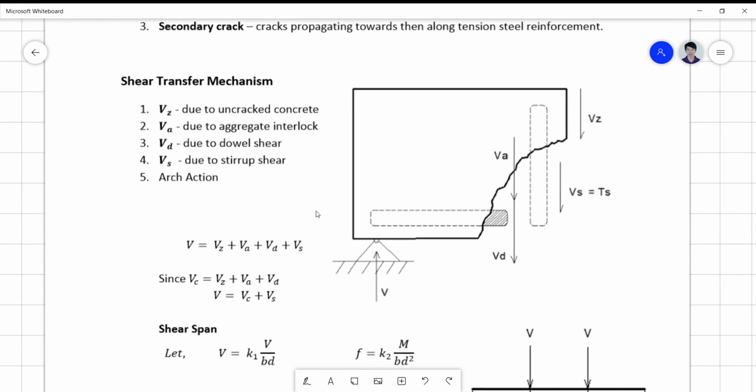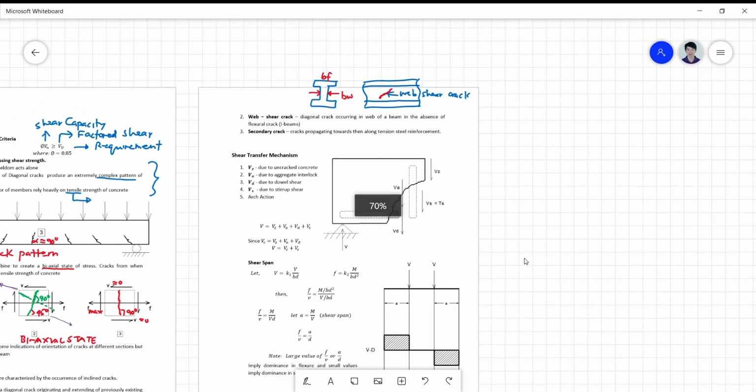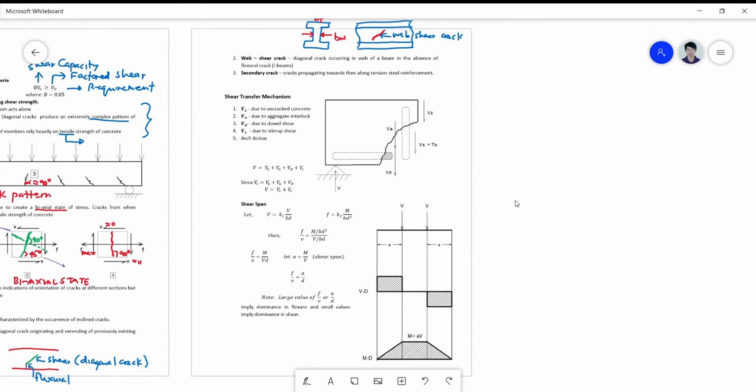For the shear transfer mechanisms, we have actually five important considerations on how the shear is transferred from one part of the beam to the other.